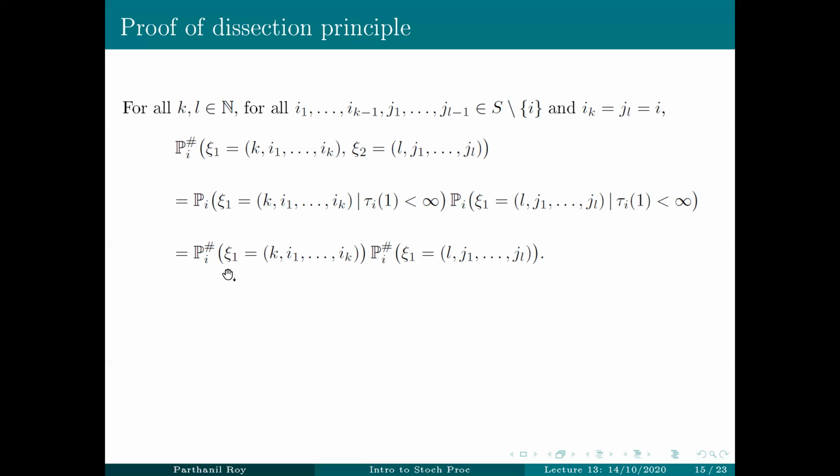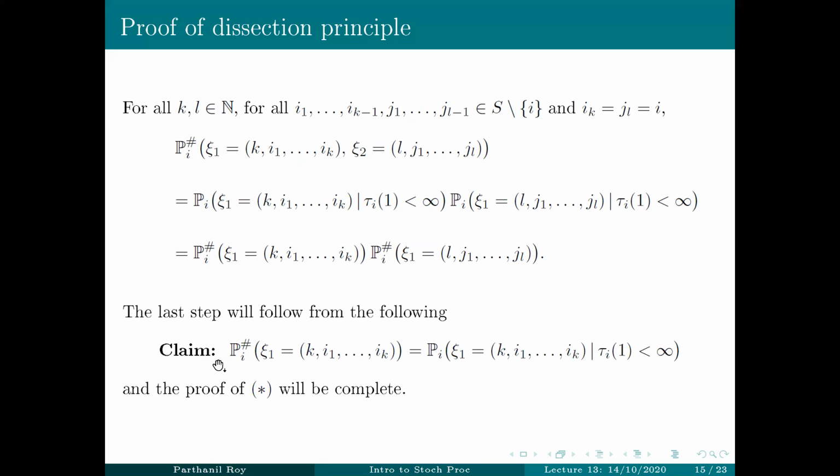Except that the only problem is that in Pi hash we have a double conditioning: a conditioning on the intersection of the first two return times being finite, whereas this statement is about only one being finite. So in order to show that this is equal to this, we actually have to prove that this Pi hash is given by this quantity here.